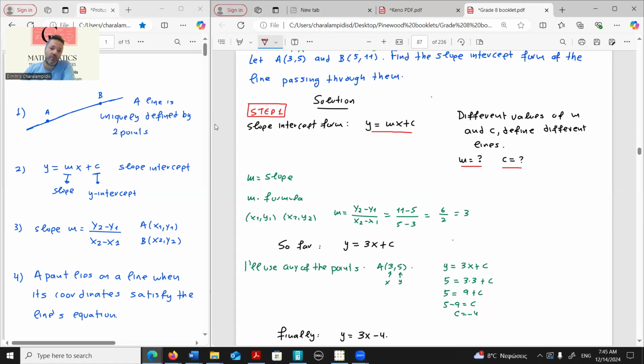The second step is to calculate the slope from the slope formula. And the third step is the use of any of the 2 points. Once we do all this, we will easily find the equation of the needed line.